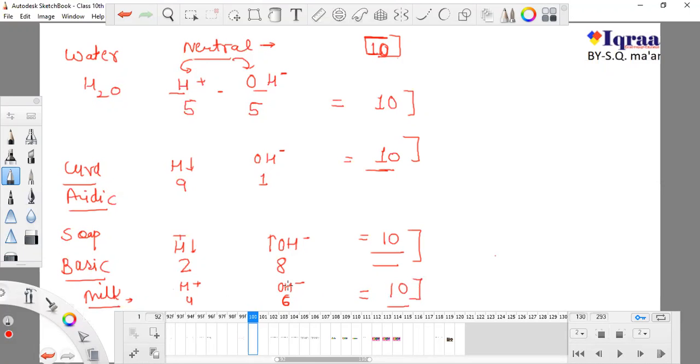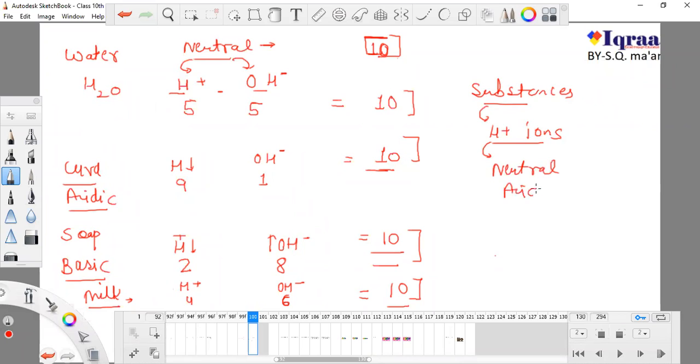Now if I want to express all these substances, water, curd, soap, milk and whatever you use, I will take the help of H plus ion to indicate whether something is neutral, acidic, basic, more acidic or less acidic, highly acidic, weak acidic, highly basic, weak basic.